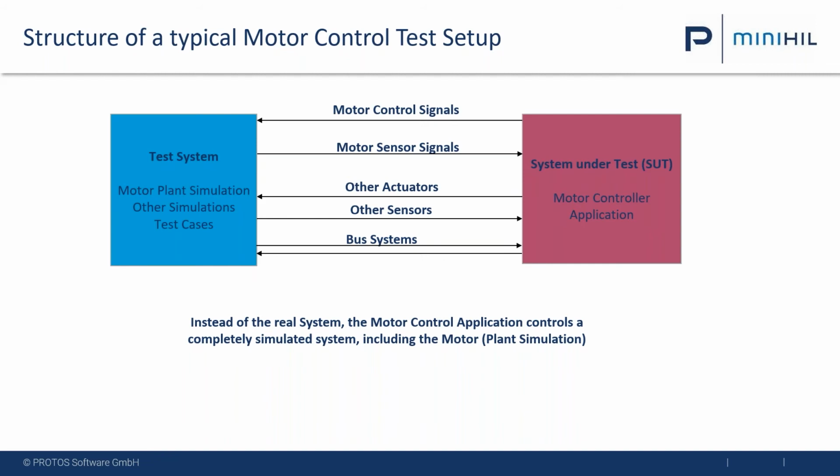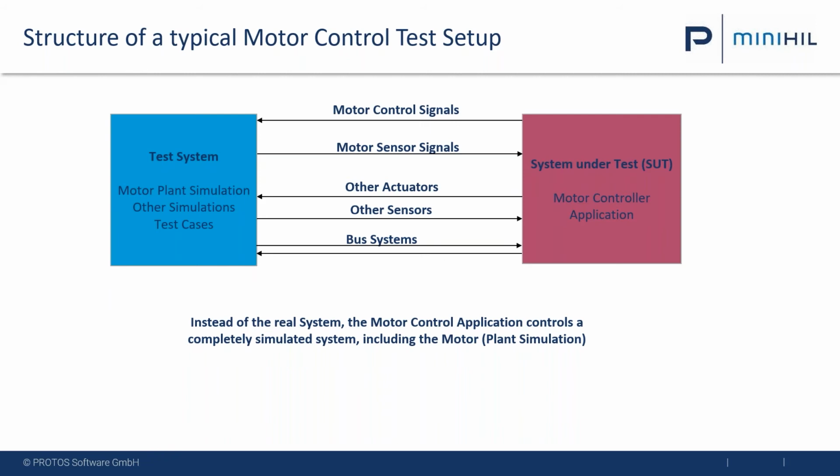It generates, for example, a new RPM or a new position or whatever it is you want to simulate. And then it simulates the motor sensor signals so that the motor controller can really run completely without an attached motor. And then, of course, you have other actuators, other sensors, temperature sensors, and position and things like that.